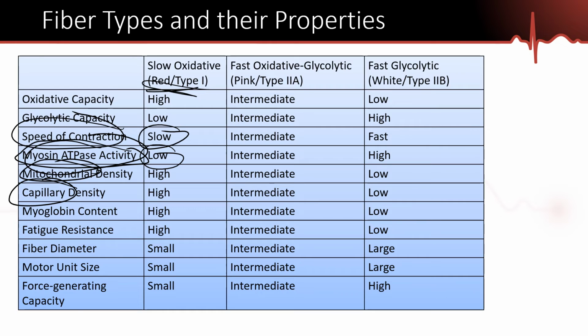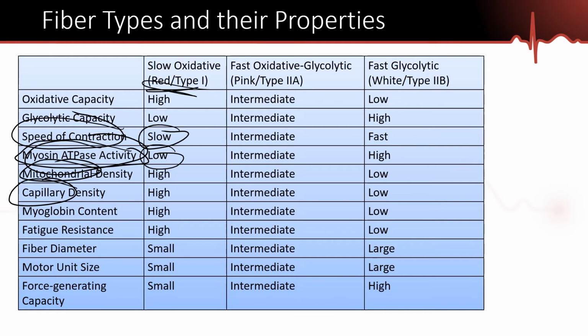And ultimately, if fast twitch muscle fibers consume so much more ATP over short periods of time than slow twitch muscle fibers do, then fast twitch muscle fibers have to be designed and built to produce tons of ATP over short periods of time compared to slow twitch muscle fibers, which don't need to do that. Right? They can make smaller amounts of ATP over shorter periods of time, and they'll be just fine.